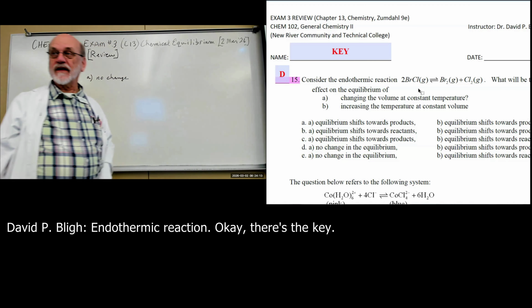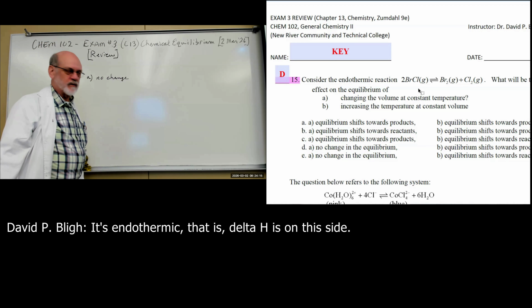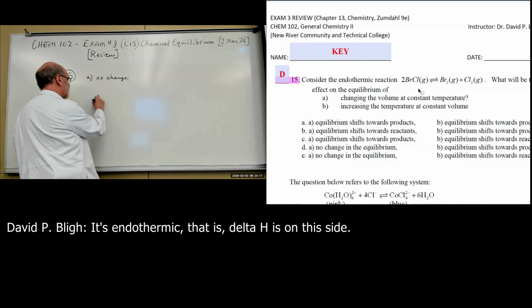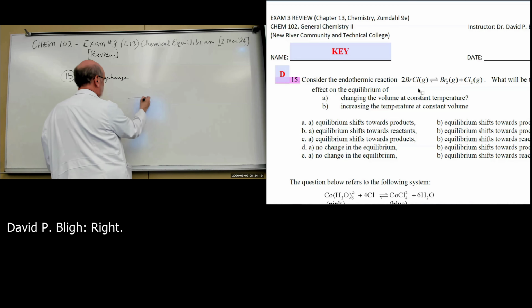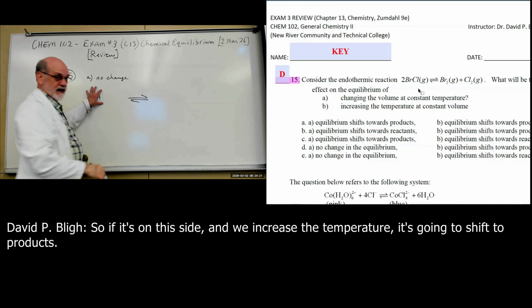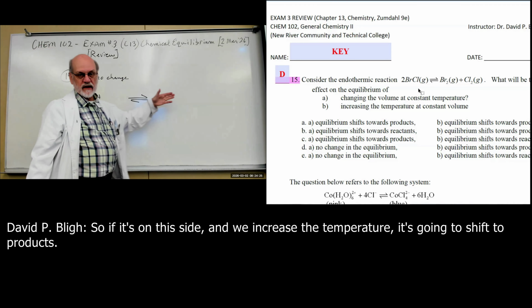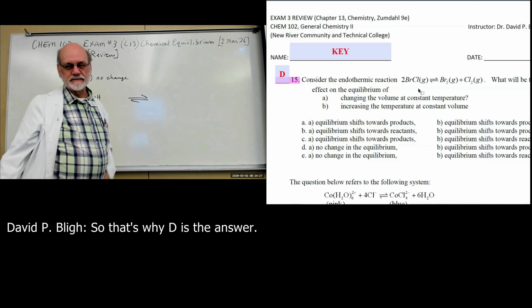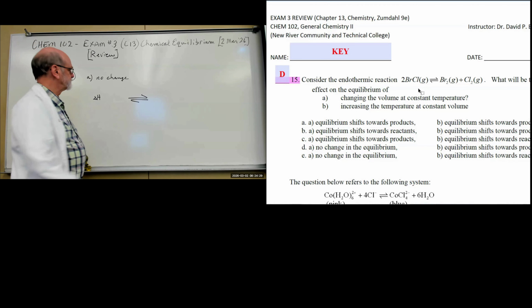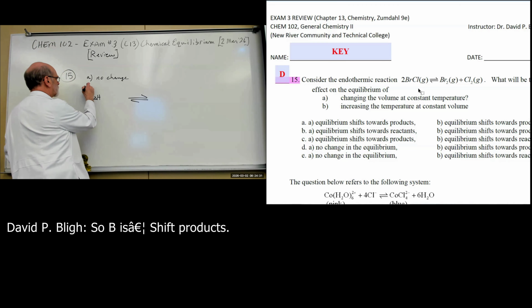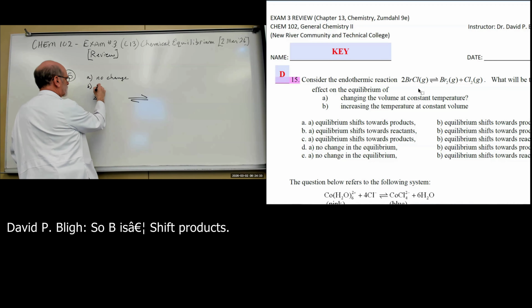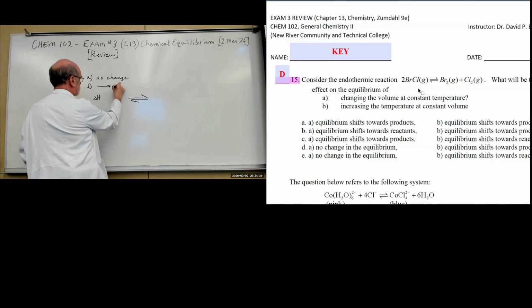Okay, there's the key. It's endothermic. That is, delta H is on this side, right? So if it's on this side and we increase the temperature, it's going to shift to products. So that's why D is the answer. So B is shift products.